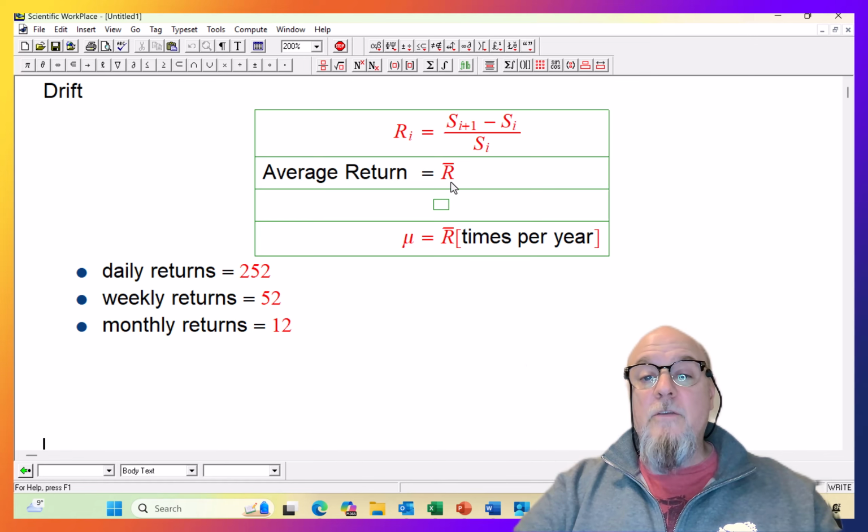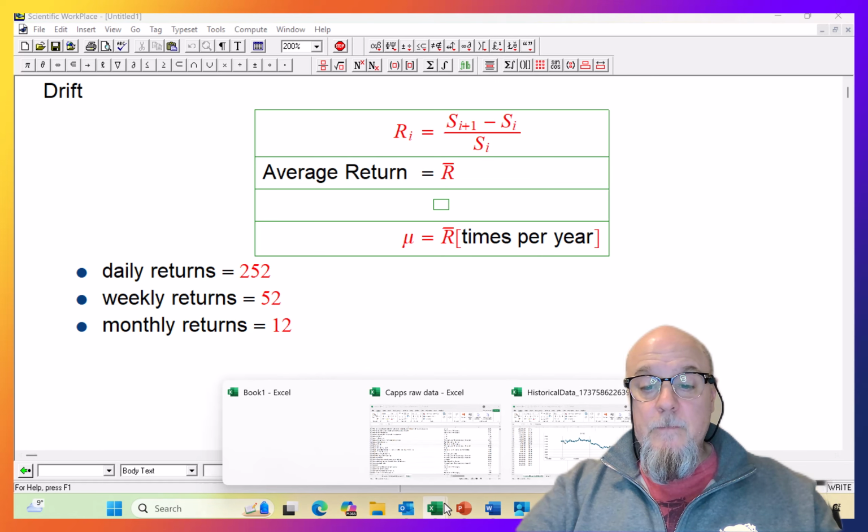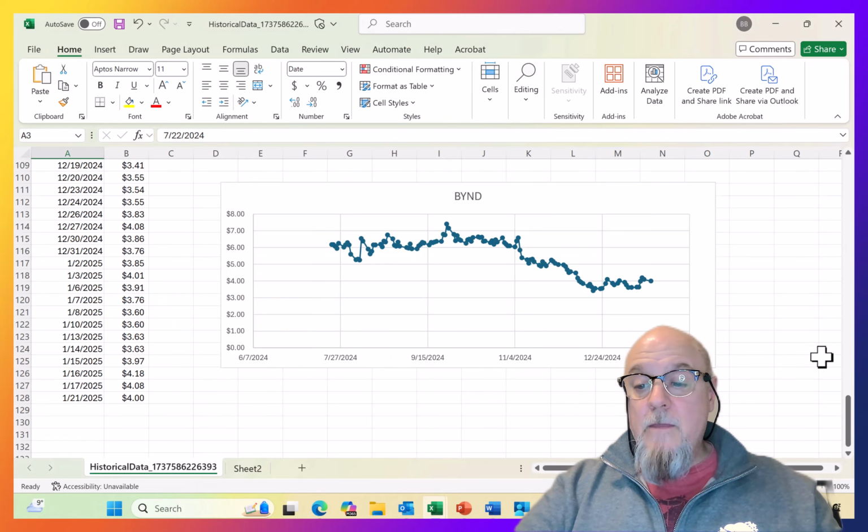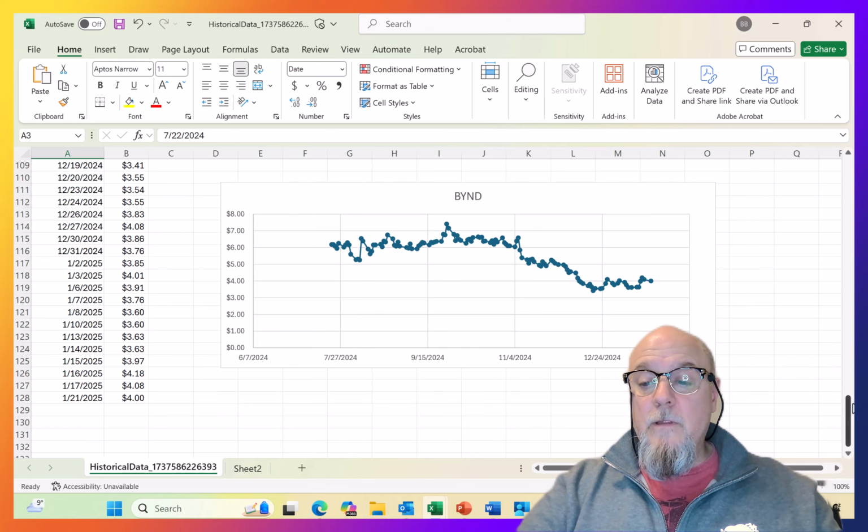The return of the stock is going to be what I can sell it for minus what I bought it for over that day, divided by what I bought it for. So let's go back to our spreadsheet and calculate those returns.